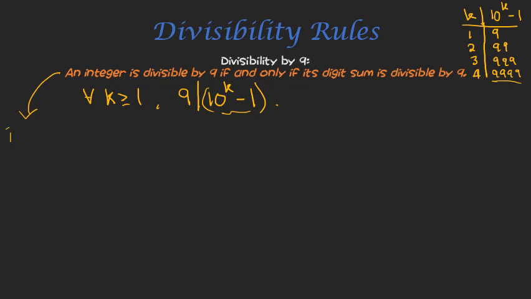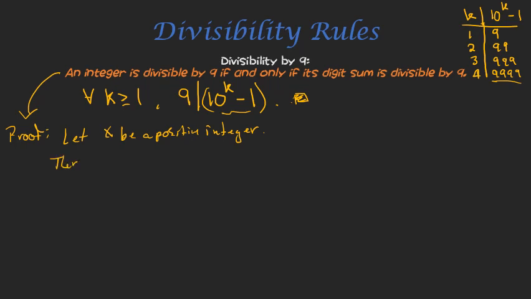So I want to make it clear I'm proving the divisibility rule. This was an extra statement. I'm going to just say that claim is proven, sort of. Okay, so let x be a positive integer.